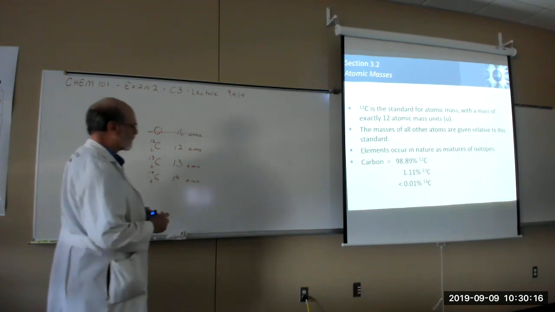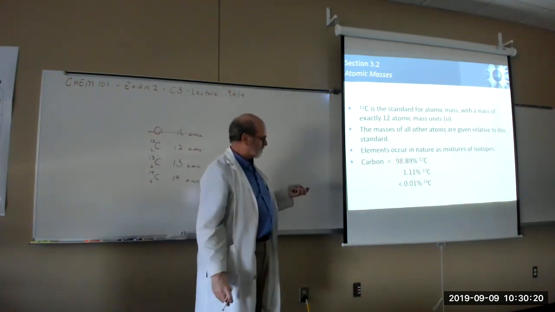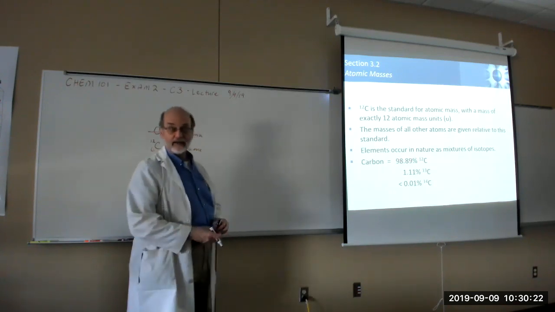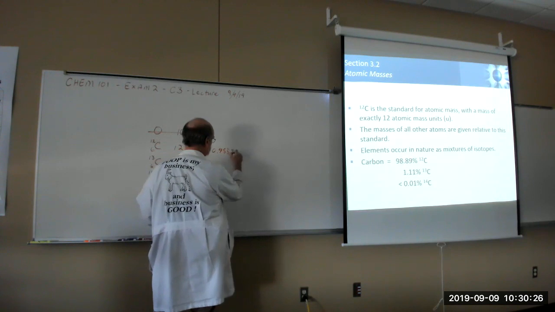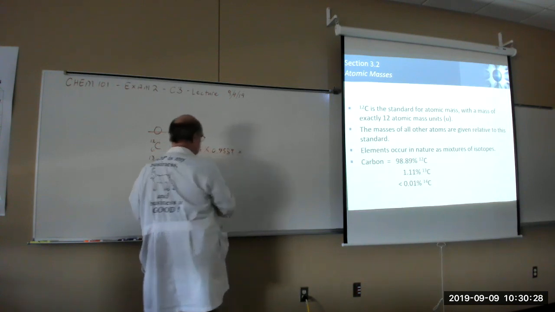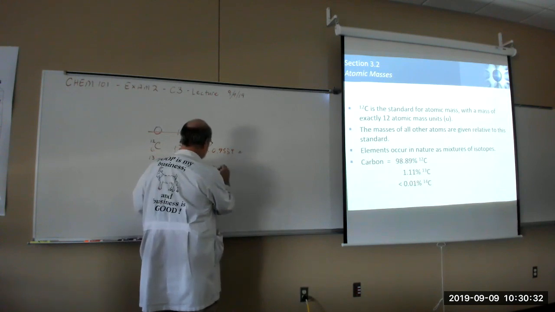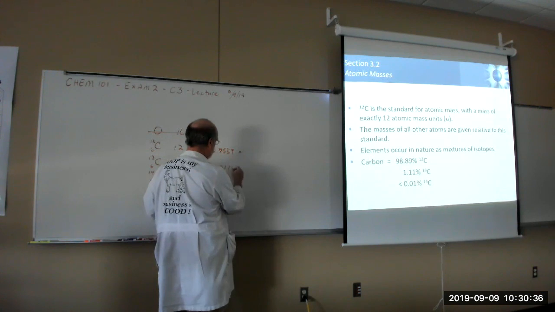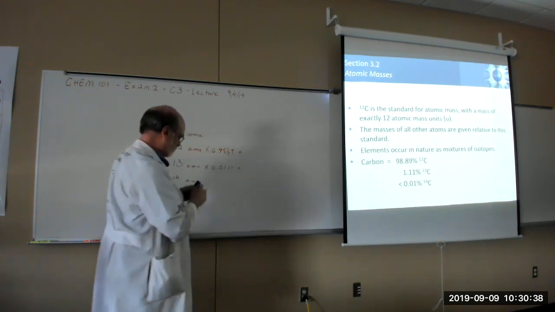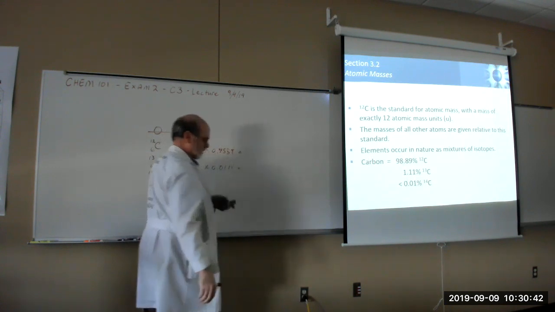So what you would do is you would take this one and use the decimal equivalent of that number, 0.9889, times that one, and this one would be 0.0111. And you would get a value here, then you would just add those together.